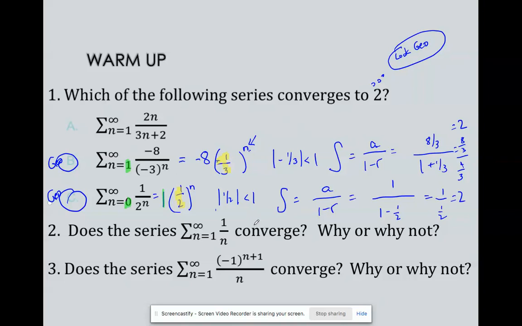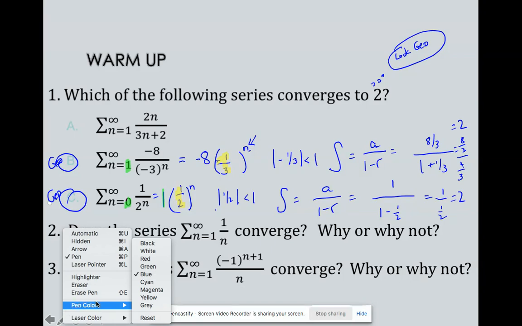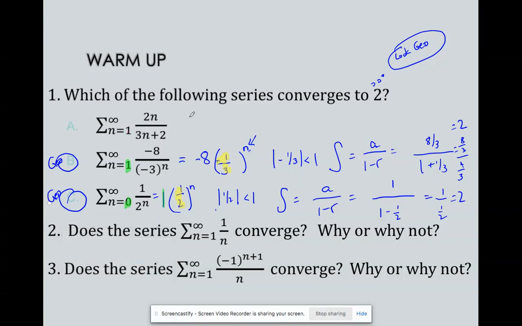A does not look geometric, right? So I'm thinking I can't say that it converges to 2. And remember, if it's not geometric, one of the first things you could think of when it's converging and diverging is the nth term test. So plug in 1, 2 times 1 over 3 plus 2 is 5.